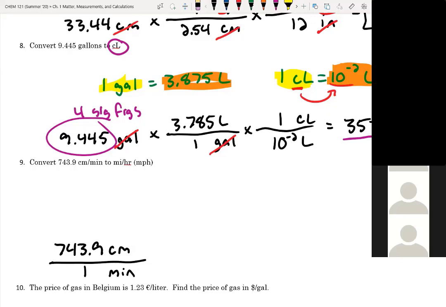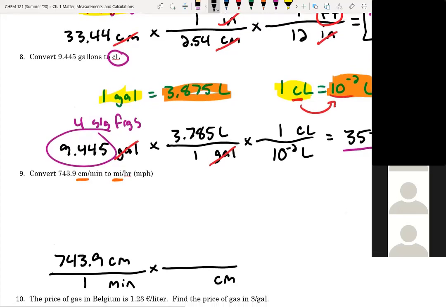All right, let's try to pick a unit to cancel out. So when I'm looking at this, the distance unit in this one is centimeters. And then the distance unit in this one is miles. So let's try to focus first on converting centimeters to miles, and then we'll worry later about minutes and hours. So let's first cancel out centimeters, but now it's going to be weird because to cancel out centimeters, we need centimeters on the bottom. So let's figure out how to get from centimeters to miles.